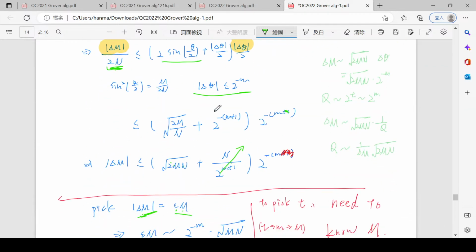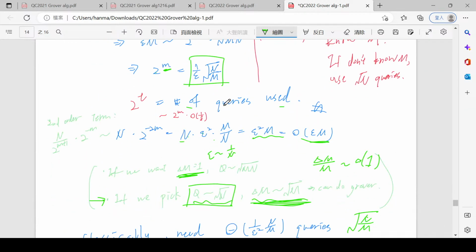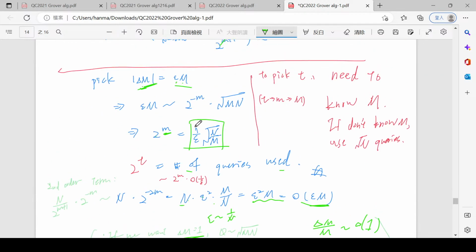But if you want to know t, then you need to know your small m. And if you want to know your small m, you need to know your big M. Okay, so it's very annoying. So if you want to actually use this, then it seems like you need to know your big M to do quantum counting.